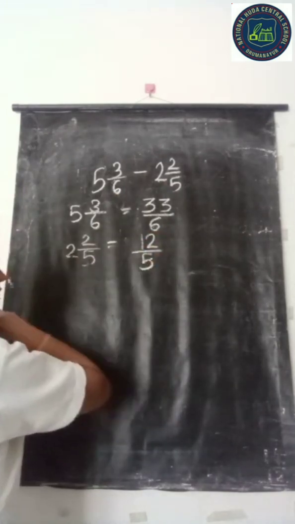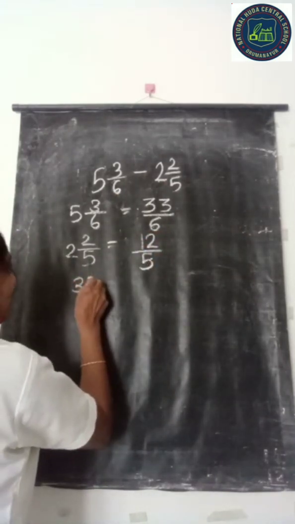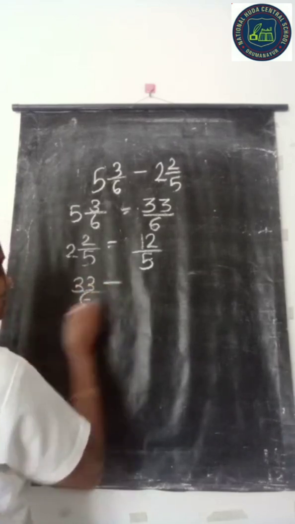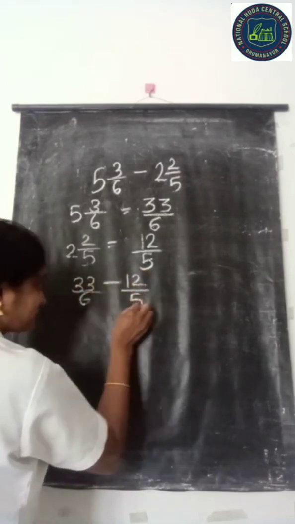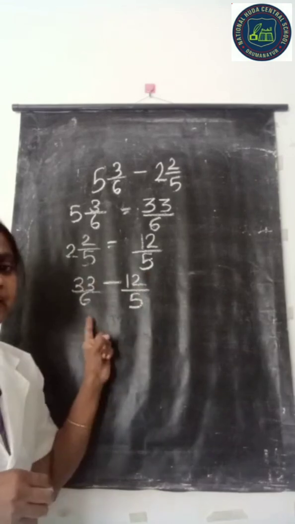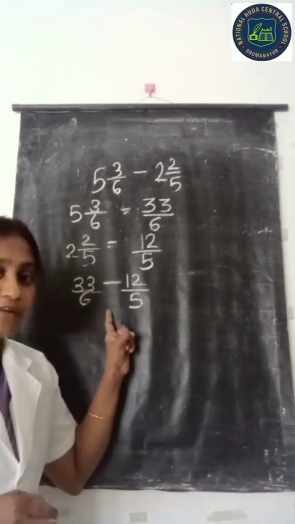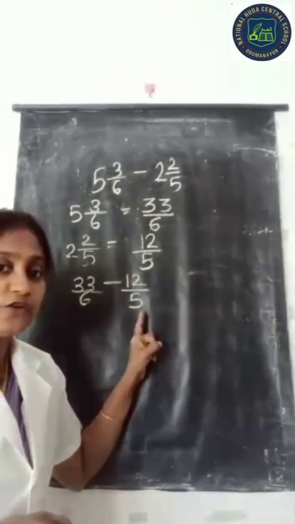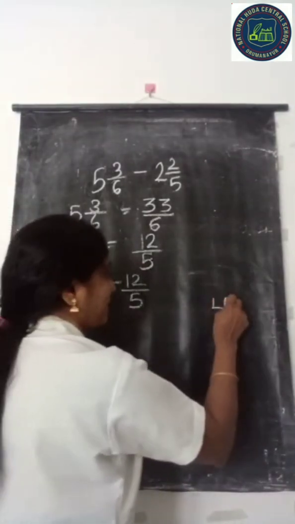12 by 5. Now we got 33 by 6 minus 12 by 5. Now it is very clear that these two fractions are having different denominators. Therefore, we have to find out the LCM.